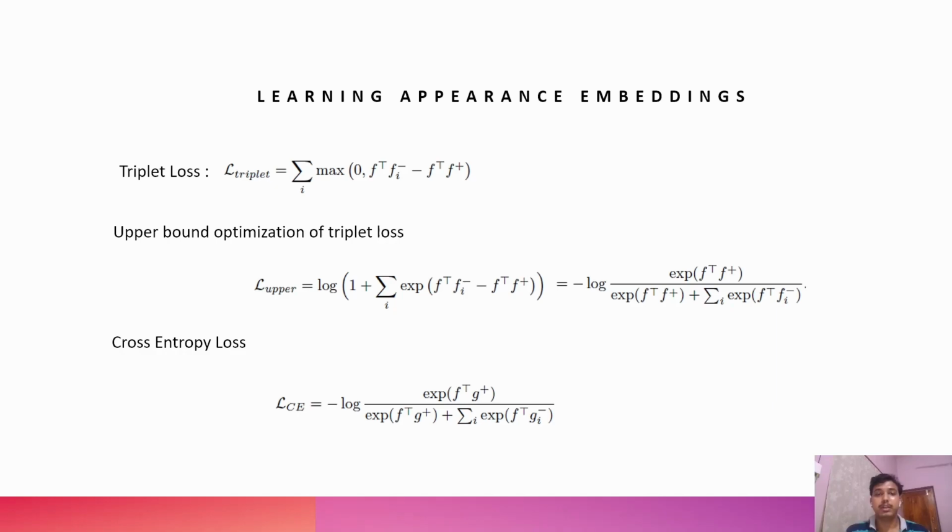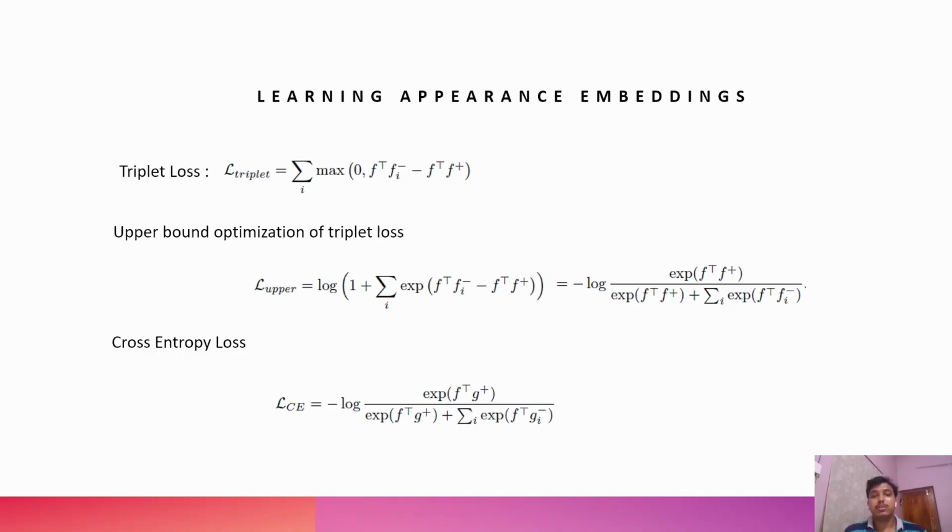So L triplet is the maximum of 0 and f_t f_i minus minus f_t f plus, summed from i to M, where f_t is the mini-batch gradient of the anchor, f_i minus is the negative sample with respect to f_t, and f plus is the positive sample with respect to f_t.